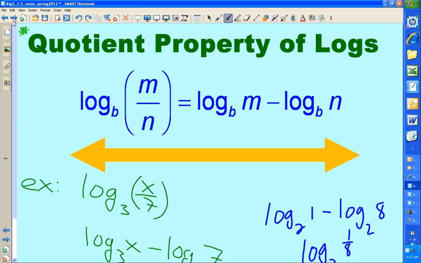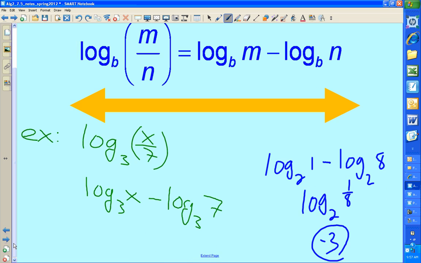So when you have something like log base 3 of x over 7, we can separate it to log base 3 of x minus log base 3 of 7. And if you have log base 2 of 1 minus log base 2 of 8, you can put them back together to have log base 2 of 1/8, which is negative 3.